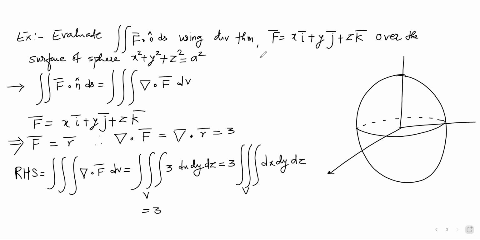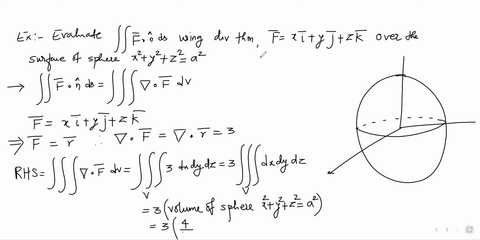So we are getting 3 times the volume of the sphere x square plus y square plus z square equal to a square. And what is the volume? It is 3 times 4 by 3 pi r cube, where r is a. So this 3 gets cancelled, and 4 pi a cube will be the answer. Correct? Yes, it's correct.